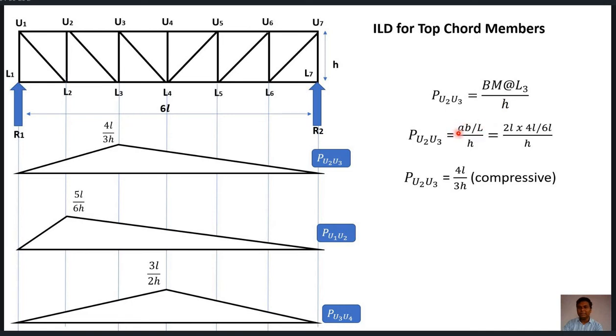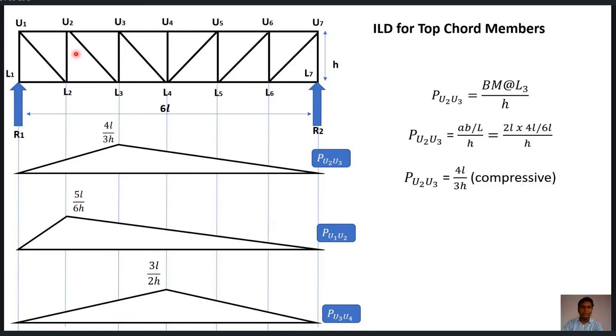Here A will be equal to 2L, that is the length of these two panels, and B will be equal to the length of these four panels, that is 4L. So 2L into 4L divided by 6L upon H. Finally we get P U2 U3 as 4L upon 3H, which is compressive in nature.